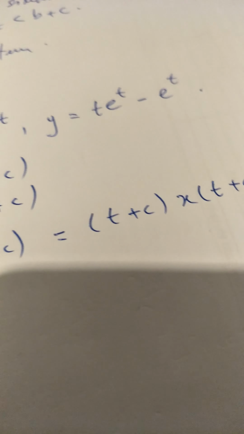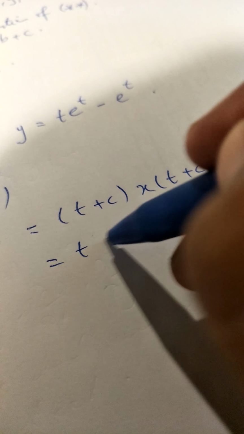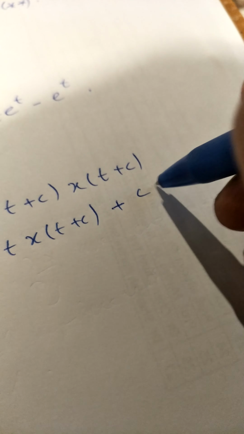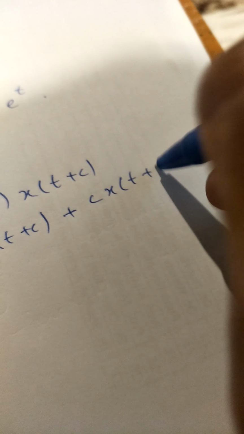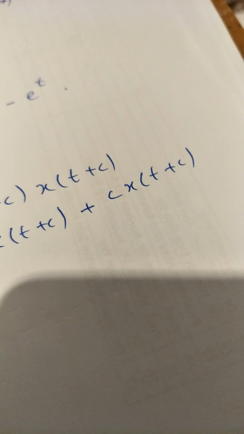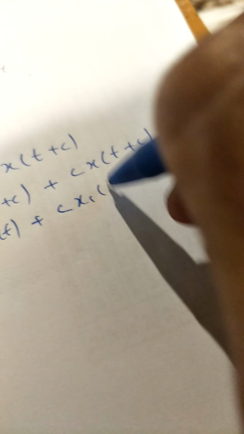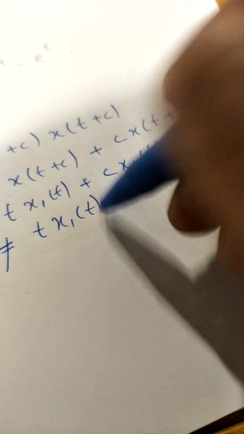From there you can split this: it gives you t x(t plus c) plus c x(t plus c), which is t x1(t) plus c x1(t), which is different from t x1(t).